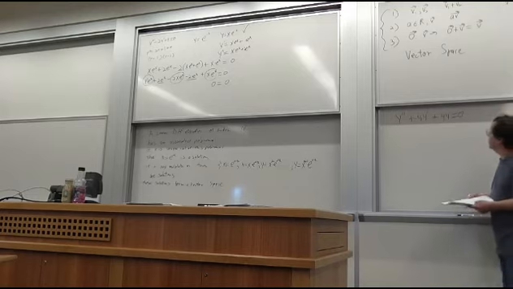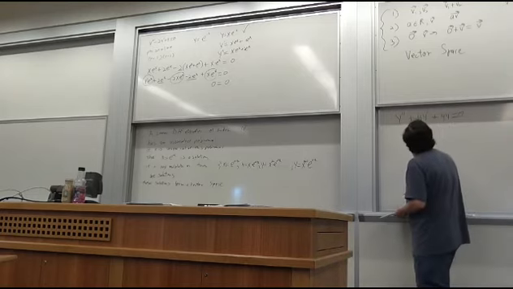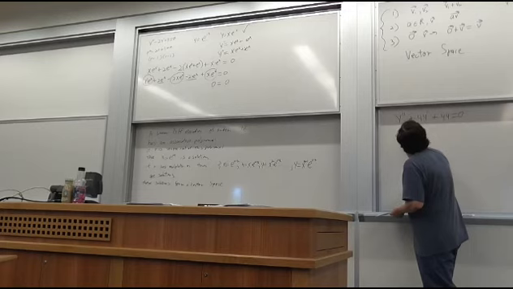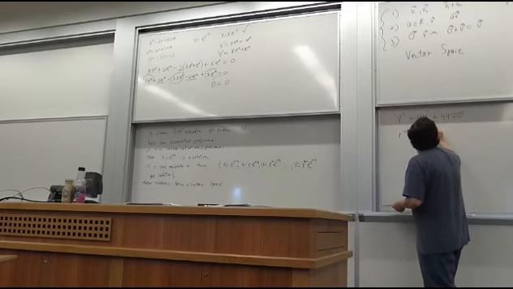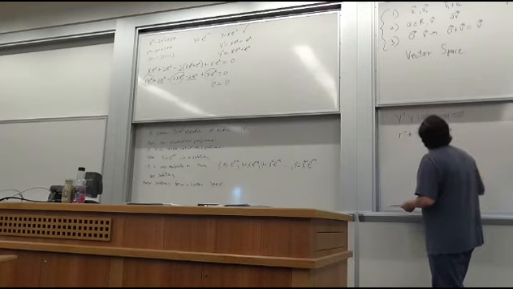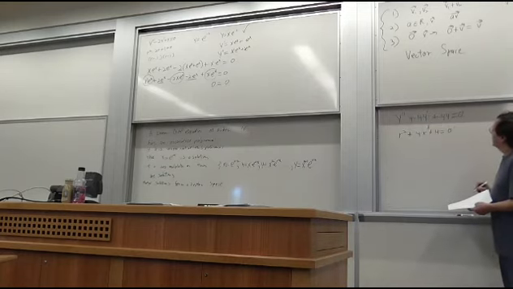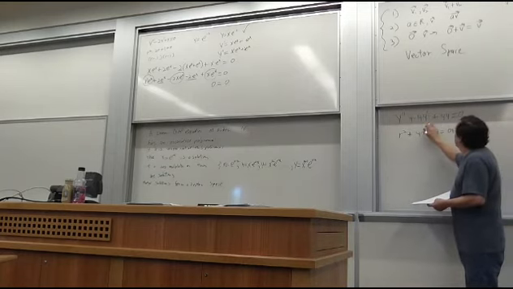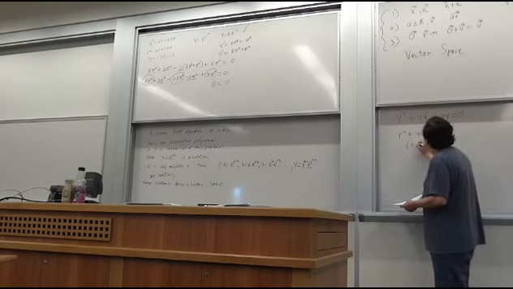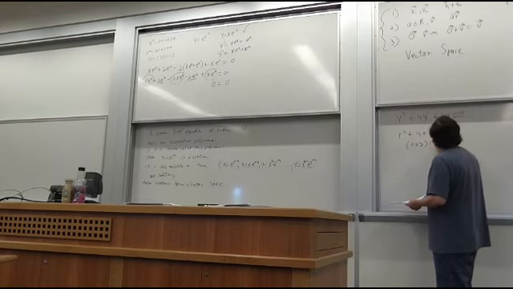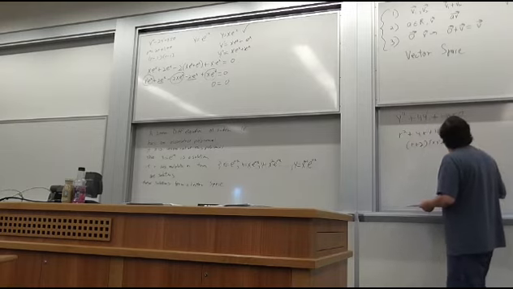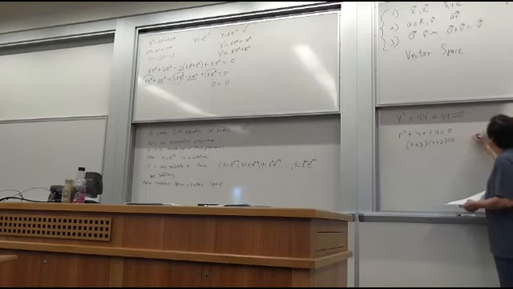So what's the associated polynomial? r squared plus 4r plus 4 equals 0. What are the roots to this? This is (r plus 2) times (r plus 2) equals 0. So the roots are minus 2, but with multiplicity 2.